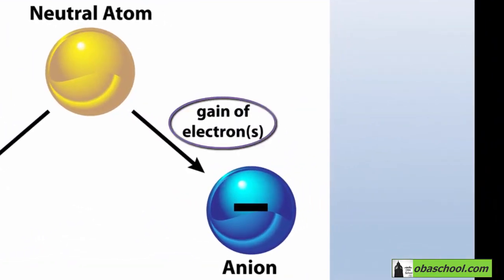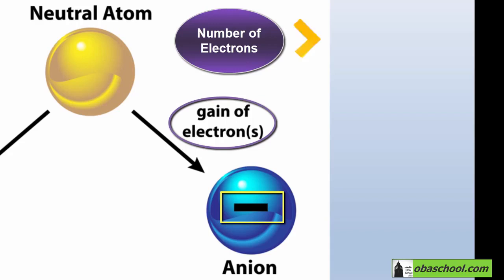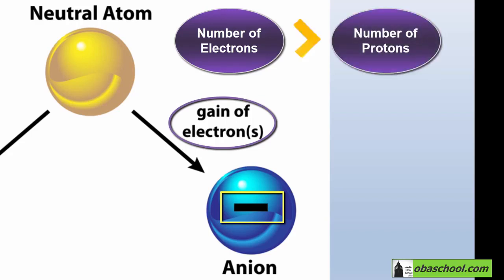When an atom gains one or more electrons, it gains an overall negative charge because it has more electrons than protons. So the number of electrons will be greater than the number of protons, and thus the negative charge will be greater than the positive charge, and the overall charge will be negative. In this case, this ion is called an anion.